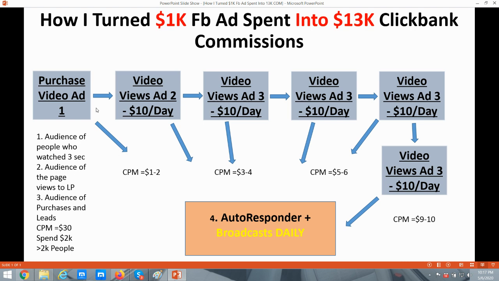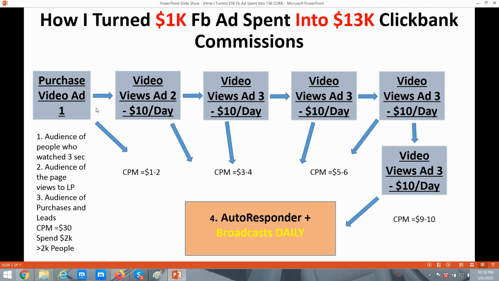Then we're going to create an audience of the people who clicked to visit the landing page. And we're going to create, of course, an audience of people who actually bought and became leads. Very important. Now, what you should be looking at, if you do things right, your CPM should be anywhere around $30, maybe less, maybe a little more, but roughly around that margin.